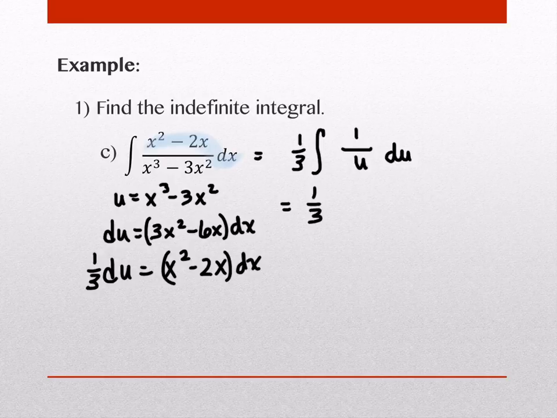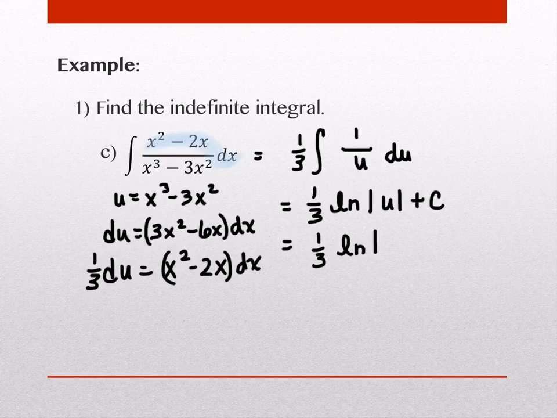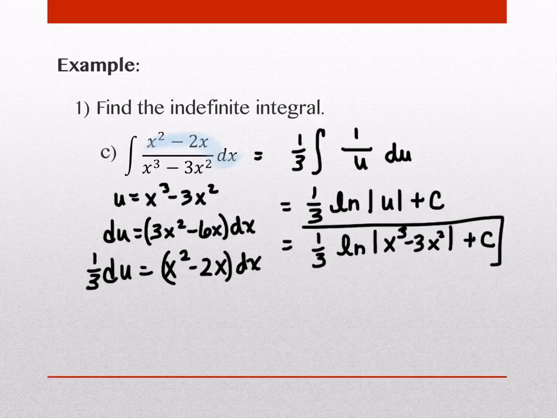So by 1/3, what's the antiderivative of 1 over u? Natural log absolute value u, and then I need my plus c, and then I need to change it back. What is u? x cubed minus 3x squared. Perfect.